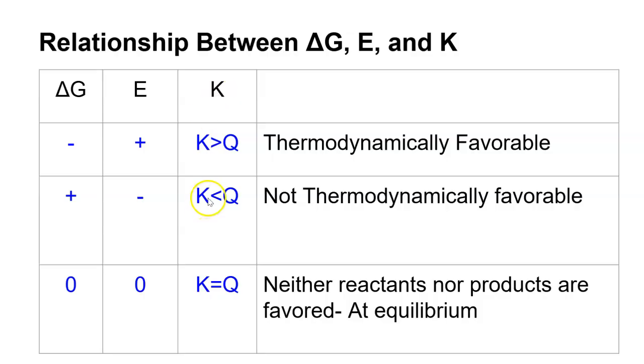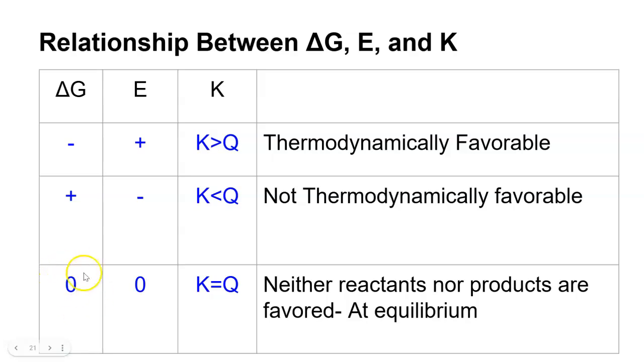And if we're not at equilibrium, K is going to be greater than Q, and that means we're thermodynamically favorable, right? If delta G is positive, E is going to be negative, K is less than Q, which means we're not thermodynamically favorable.